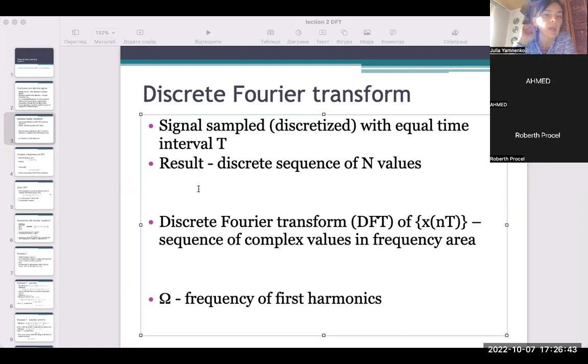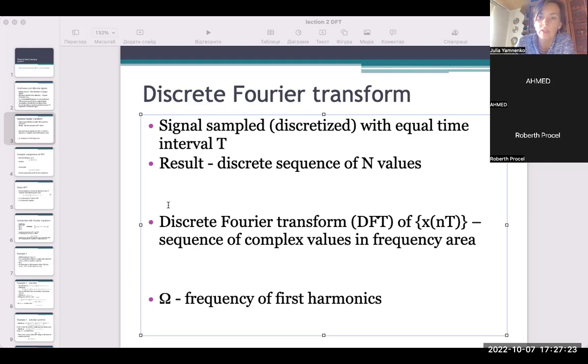This x from nT is the original signal given by its discrete values: x from 0, x from T, where T is the interval of discretization, x from 2T, and so on. The last member is x from (n minus 1)T. So in general we have capital N, the number of discrete values of our original function, and we indicate the function like x small, given by its N values.